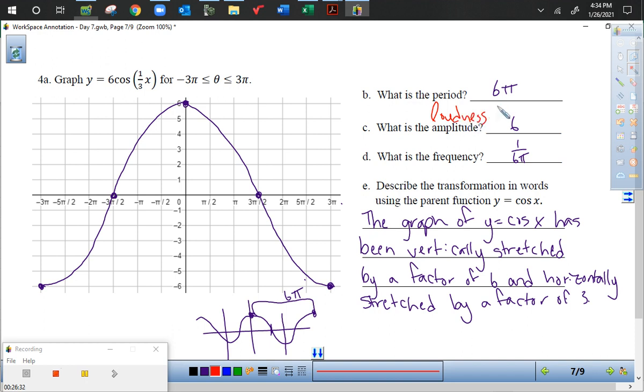So if we see a vertical stretch, that means it got louder by a factor of 6. And then the period is going to talk to us about pitch. So if our period has gotten longer, it's stretched out, the pitch is lower. If the period has gotten shorter, or the frequency is faster, that makes a higher pitch.